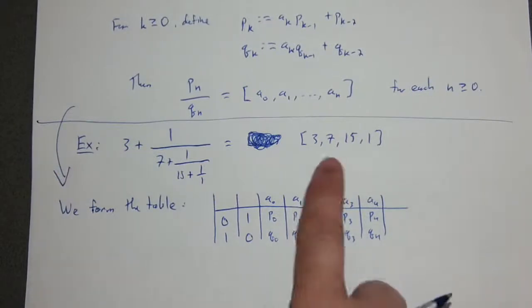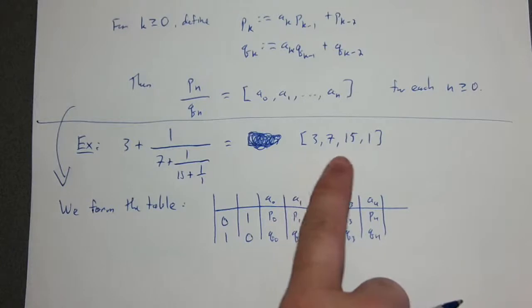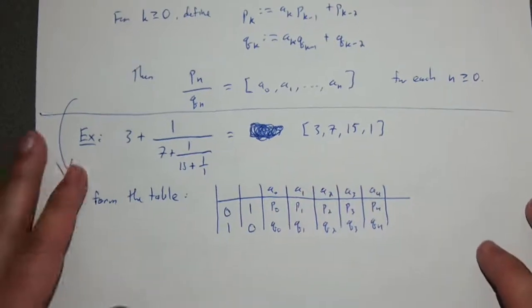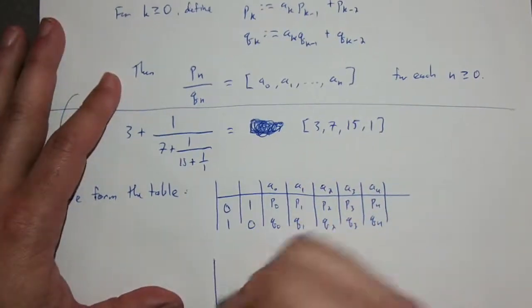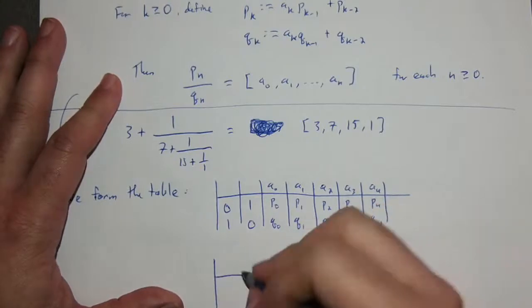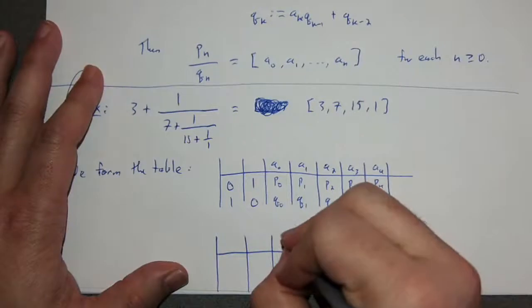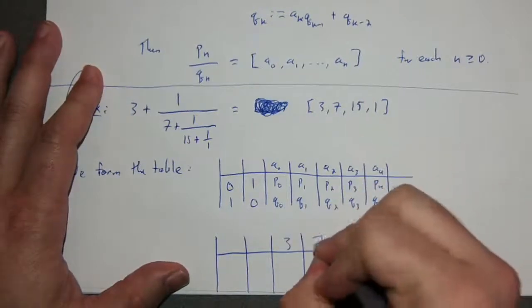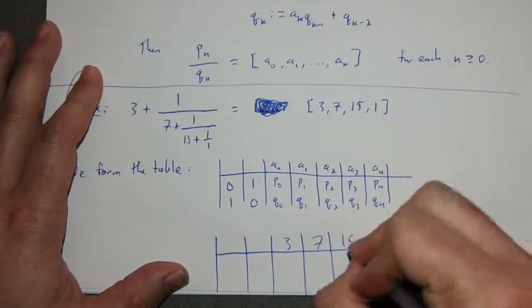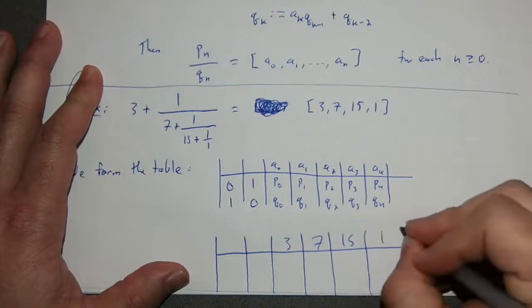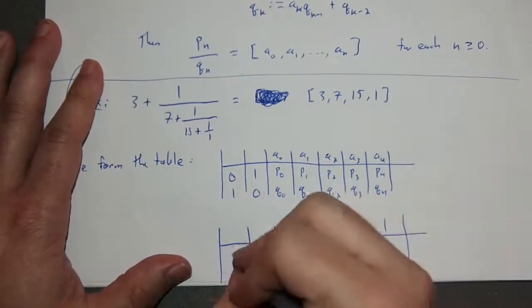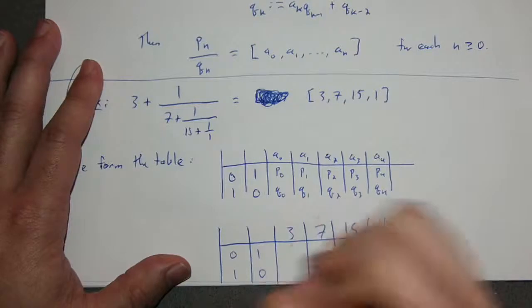So that's the idea. When I'm doing this for the continued fraction 3, 7, 15, 1, I form the table that looks like this. So this is 3, 7, 15, 1. And then here goes 0, 1, 1, 0.